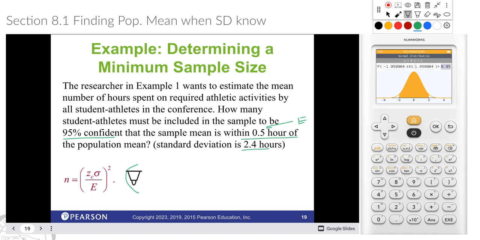And now back to the story. So we put in 1.96, times the standard deviation of 2.4 divided by the error that we're given, which is 0.5. And then we're going to square that.